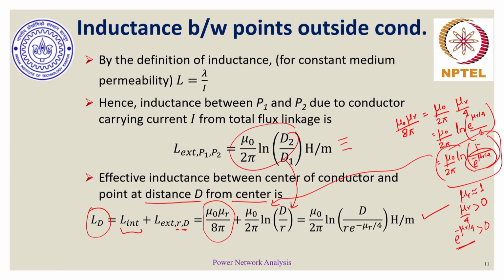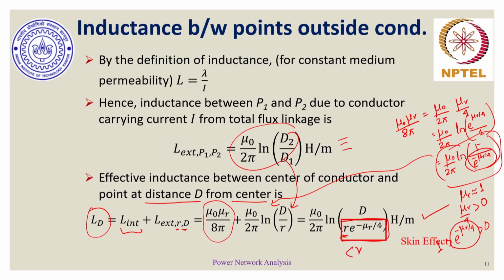It would be more than 0, but it would definitely be less than 1 because mu r by 4 is positive. So e to the power minus mu r by 4 is a value less than 1. So we are multiplying a number which is positive and less than 1 with the effective r. So this term actually is less than r for practical conductors.